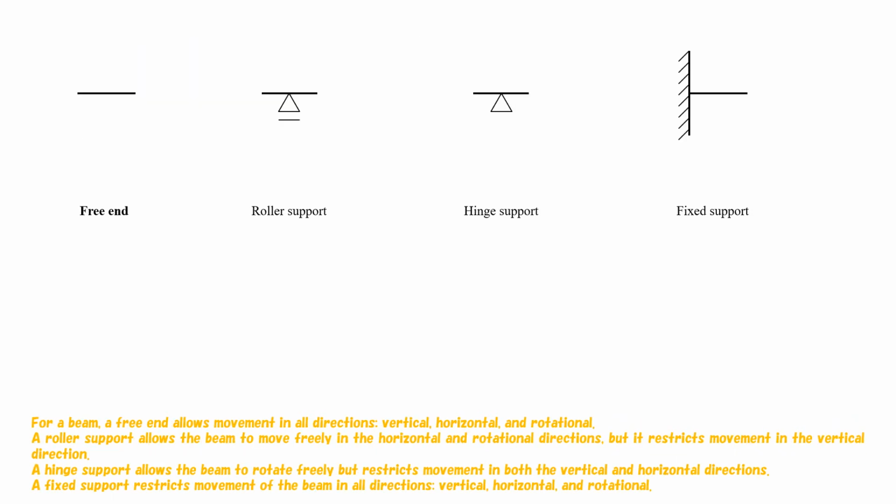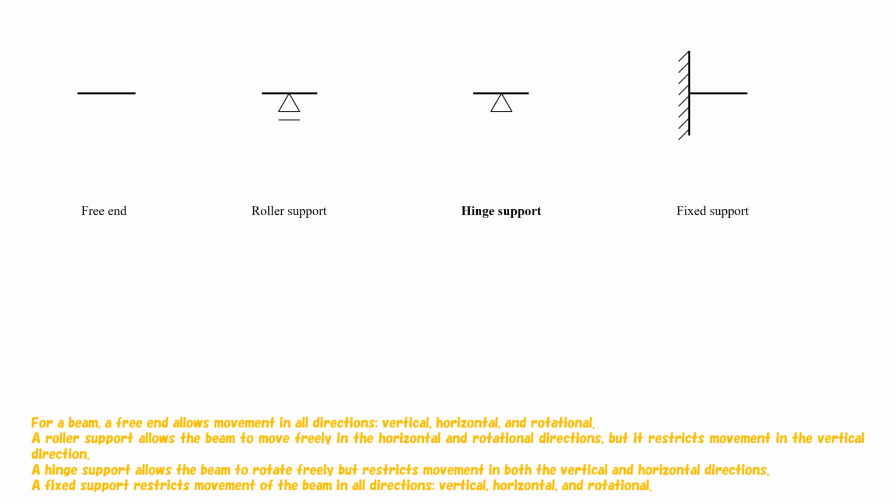For a beam, a free end allows movement in all directions: vertical, horizontal, and rotational. A roller support allows the beam to move freely in the horizontal and rotational directions, but it restricts movement in the vertical direction.